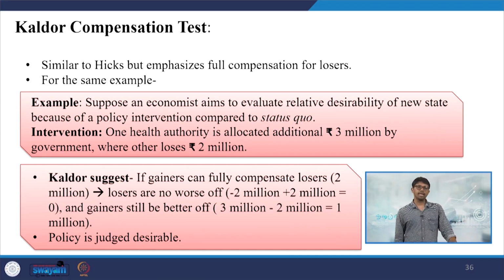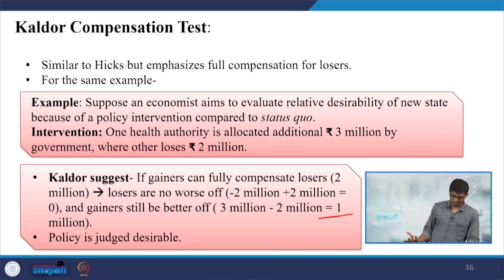Kaldor suggests that if the gainer can fully compensate the losers of 2 million, 3 million is received and 2 million is given by the gainers to the losers, the loser is not going to be worse off as his loss is compensated. The gainer is still better off by 3 minus 2, that is 1 million rupees. Still the policy which is targeted and supported with the institutions is considered to be effective and just desirable. This is by Kaldor.